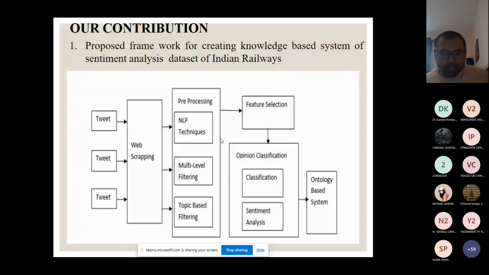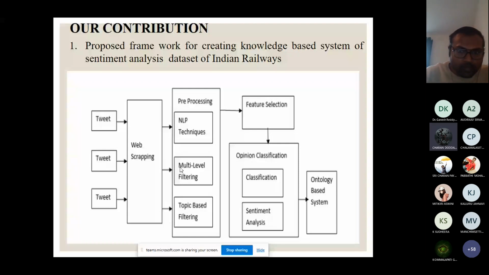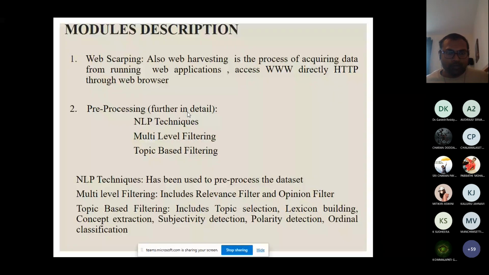Sir, your screen is not visible, sir. Not visible. Yeah, it's blank. Okay, okay. Because of the image it was like that. Now it is okay. Data is visible now. Hello, no, sir, it's still blank, sir. Okay, I will apply again.